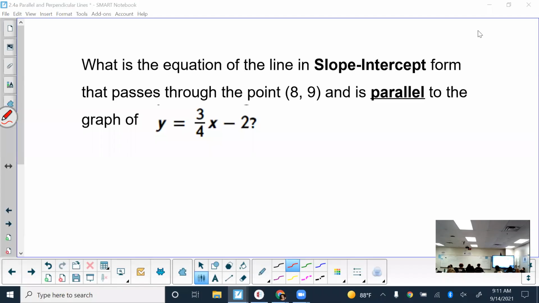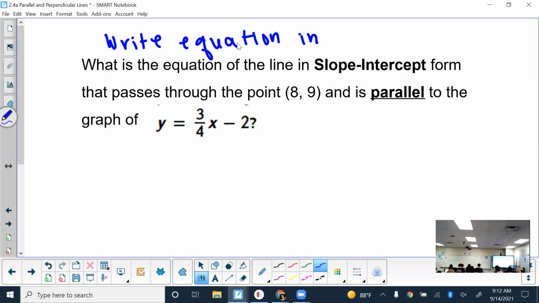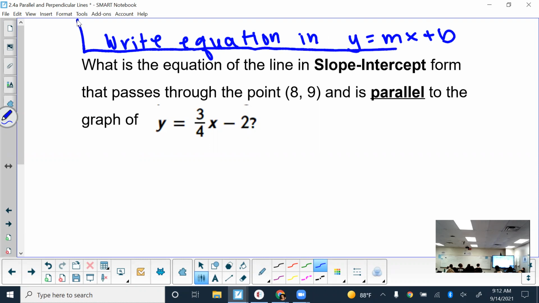The instructions that you can put at the top of all the boxes is to write the equation in slope-intercept form. But I'm just going to put write equation in y equals mx plus b. So these are the instructions that you can write at the top, because it's going to be the same instructions for the teacher example, the class example, and the student example.